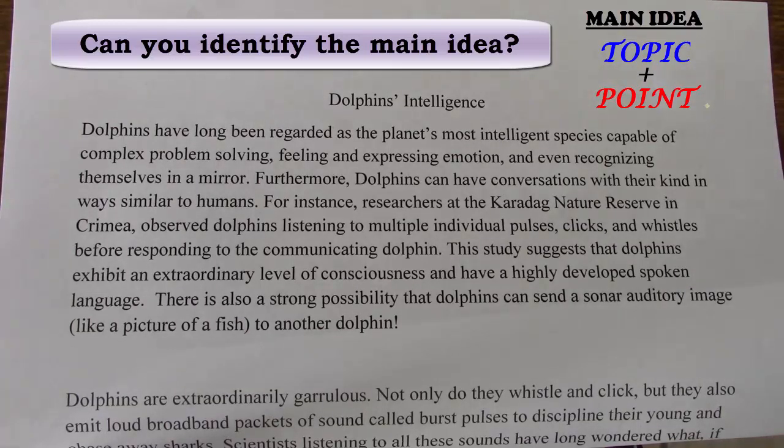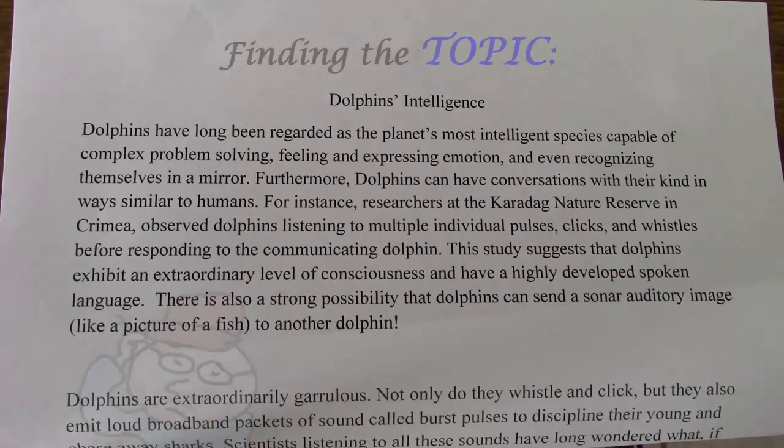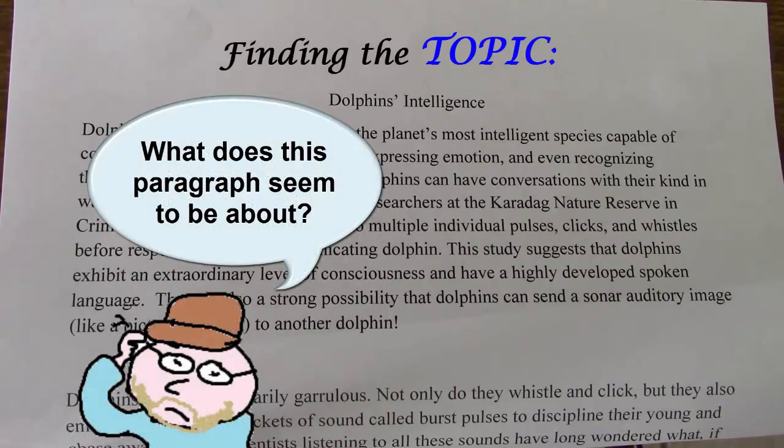This study suggests that dolphins exhibit an extraordinary level of consciousness and have a highly developed spoken language. There's also a strong possibility that dolphins can send a sonar auditory image, like a picture of a fish, to another dolphin." Okay, so what does this paragraph seem to be about?